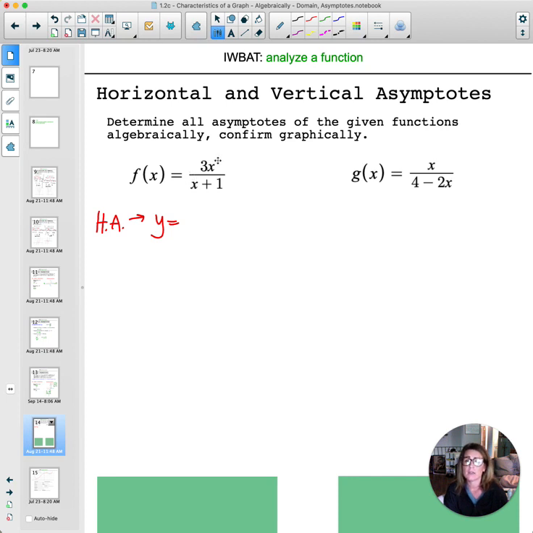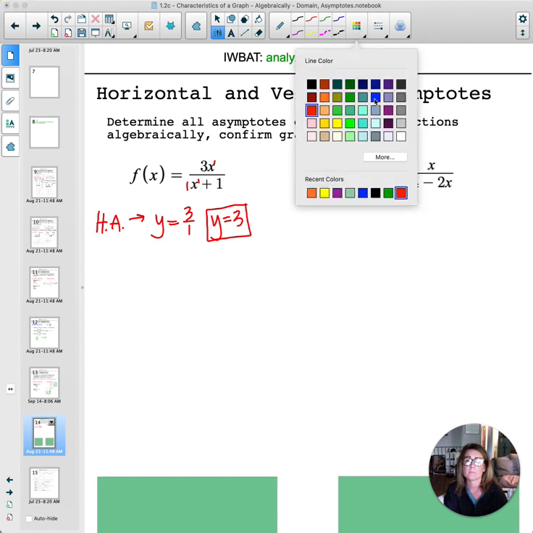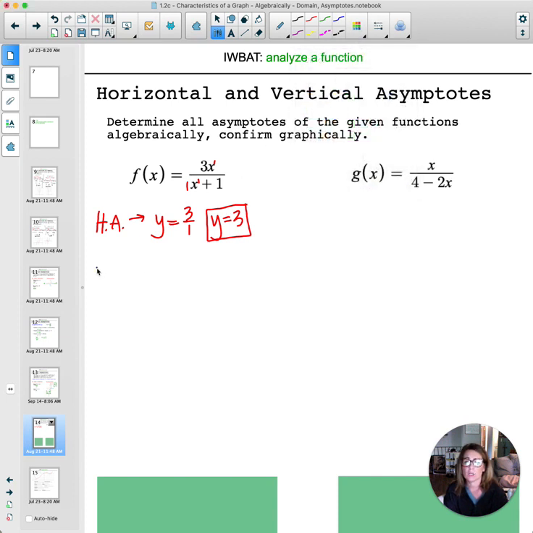So take a look. The degree on top is 1. The degree on bottom is 1. They are the same, so we will divide the coefficients there. 3 divided by 1. So your horizontal asymptote in this one is the line y equals 3. Vertical asymptote is when the denominator equals 0.